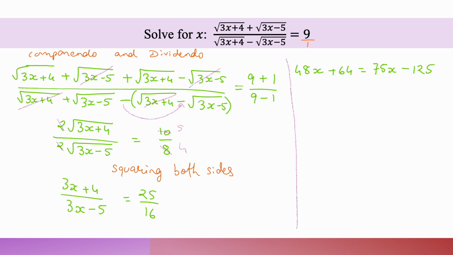On cross multiplication, we get 48x plus 64 is equal to 75x minus 125.